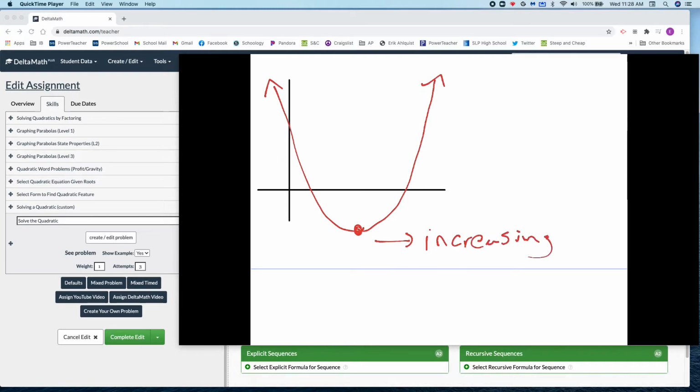On this side, the graph is decreasing. Going down here, the graph is decreasing, and over here, the graph is increasing.